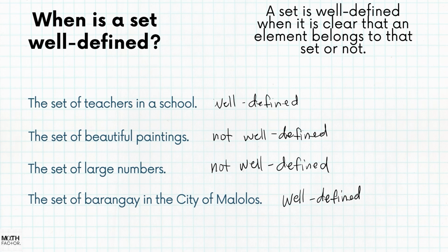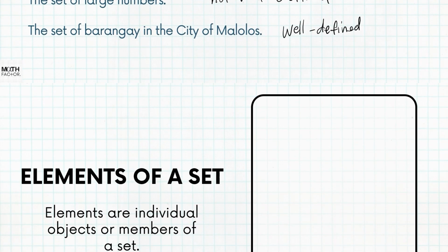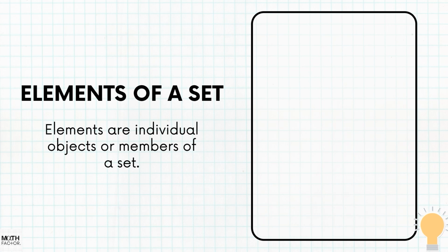To continue with our discussion, let us define some terminologies related to sets. The first terminology that we're going to discuss is elements. Elements are individual objects or members of a set. In our given set C, the elements are all the numbers inside the braces.